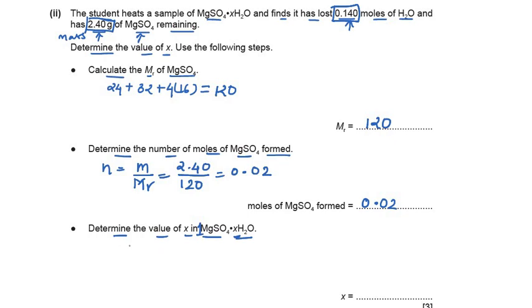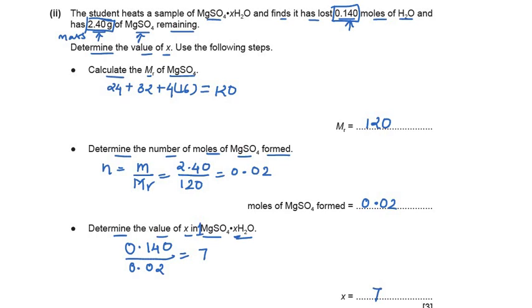So to find the ratio, we need to divide the moles, that is 0.140, by the moles of magnesium sulfate, that is 0.02. Now if we divide, we get the value 7, and so our value of X is 7. That is, the water molecules are in the ratio of 7 compared to magnesium sulfate molecules.